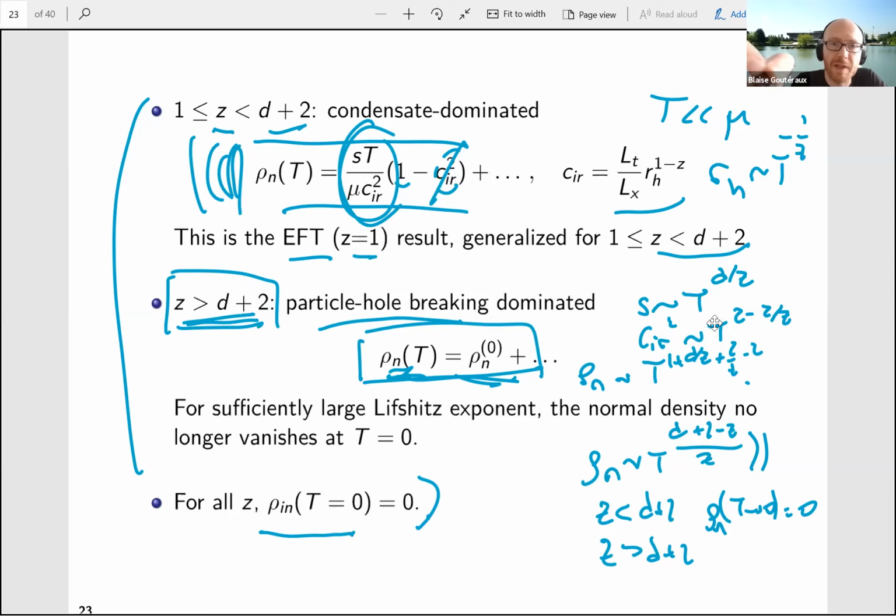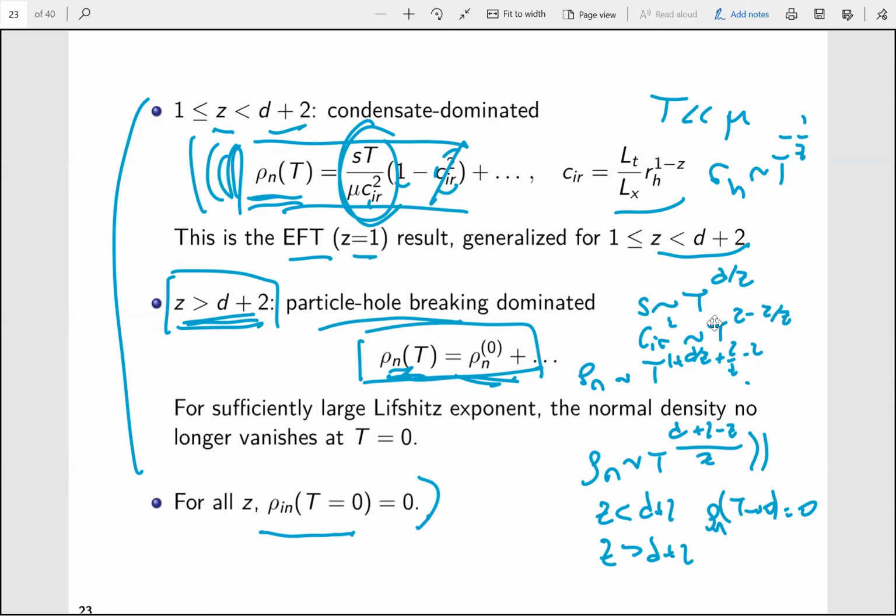So in this case, everything is fine. This formula is just saying that the normal density vanishes at 0 temperature. And so the 0 temperature effective theory that describes this ground state is exactly the same as this superfluid gas of free phonons.